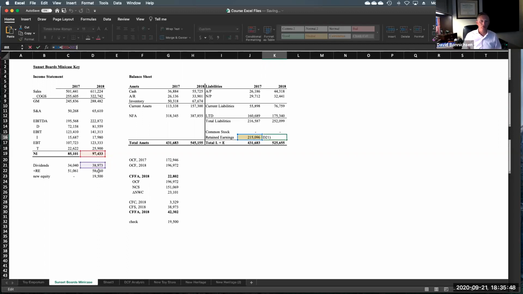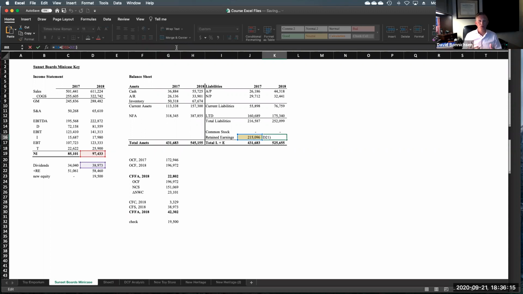What was left over was $58,460, or the difference between net income and dividends, same thing. And so when we looked at the calculation for the new retained earnings number for 2018, all we did was take what we had in 2017 and add to it what we kept for ourselves in the form of retained earnings.